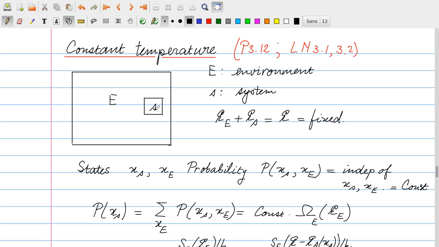For example, if I have a coffee cup and I put it in a room which is kept at 20 degrees Celsius, then after some time the coffee cup, even if it was initially, say, 60 degrees Celsius, will go to 20 degrees in the end, because the room and perhaps the adjacent room with which it is in contact are altogether much larger than the cup itself.